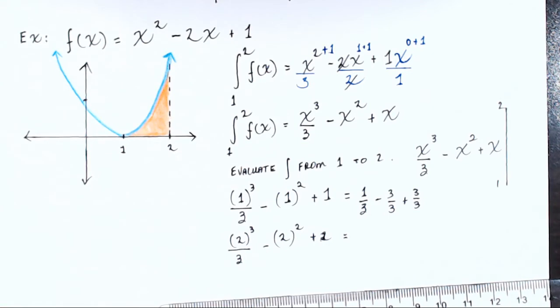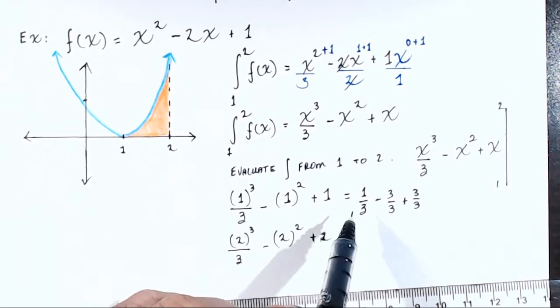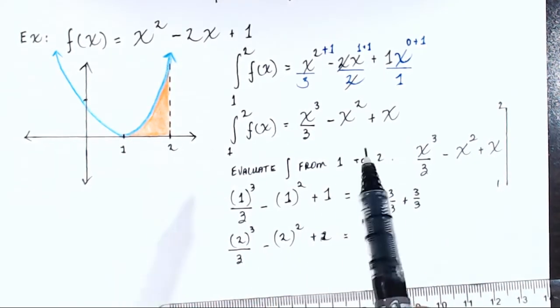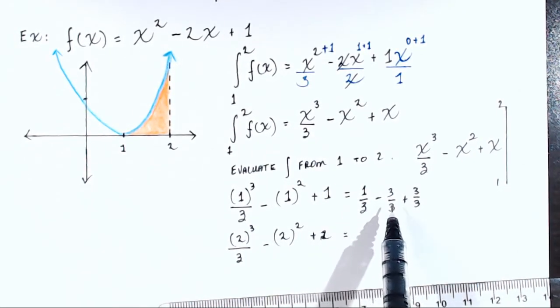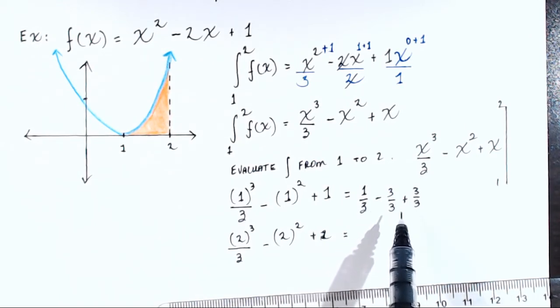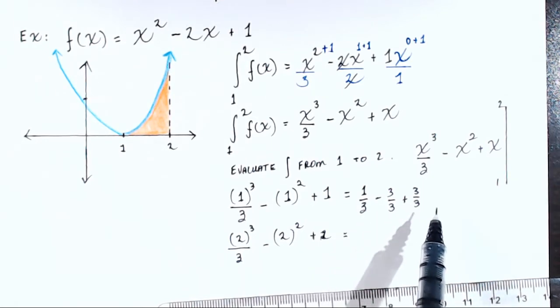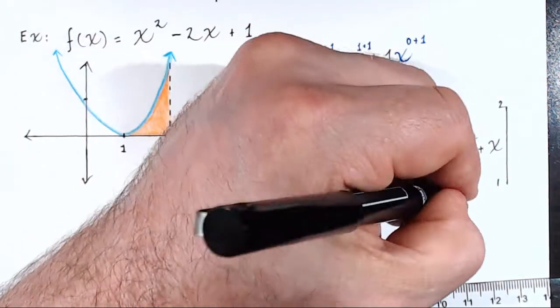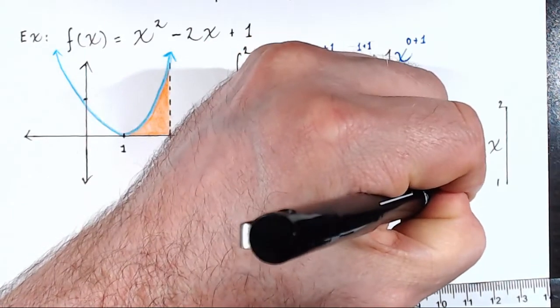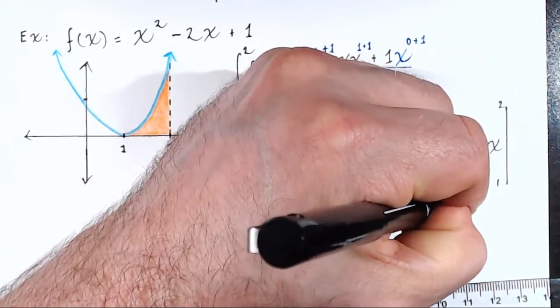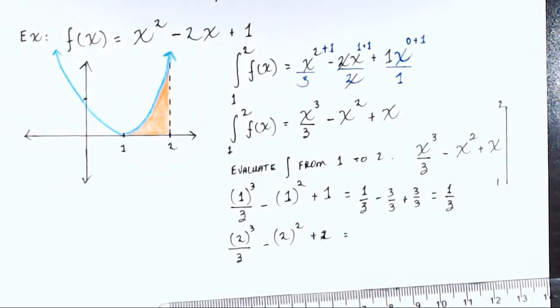So you see here that we have this little math problem right here. So we'll go from left to right. 1/3 minus 3/3 is negative 2/3. Negative 2/3 plus 3/3 is positive 1/3. So this just evaluates out to 1/3.